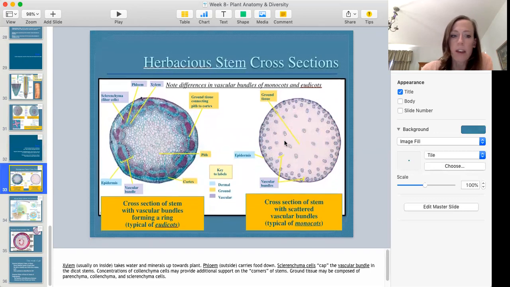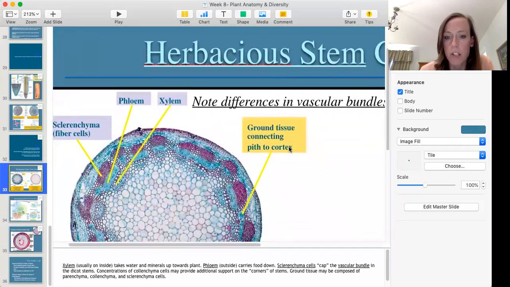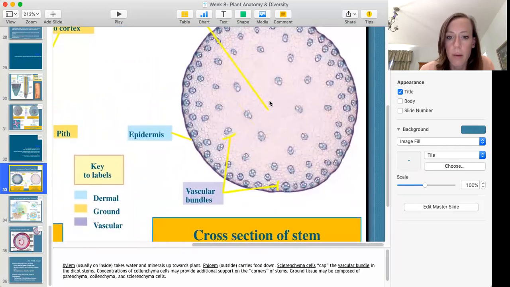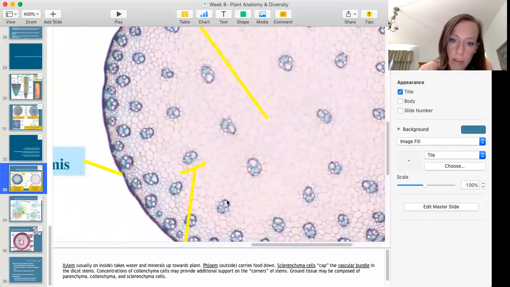All right, so let's take a look at these in cross section. First, I'll direct your attention to the monocot. This is a monocot stem. And as you can see, you've got scattered throughout this stem these little bundles. These are your vascular bundles, and each of them have xylem and phloem. So let's zoom in just a little bit again to show you that. So you can see here, maybe in this one right here, you can see that there's some structures here.